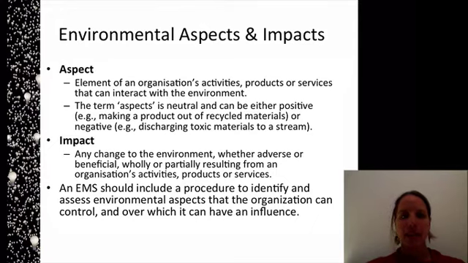The impact then, so the aspect is what the organisation does. The impact is any change that aspect or that activity has on the natural environment. So it might be beneficial or it might be adverse. And this environmental impact is due to the organisational activities.